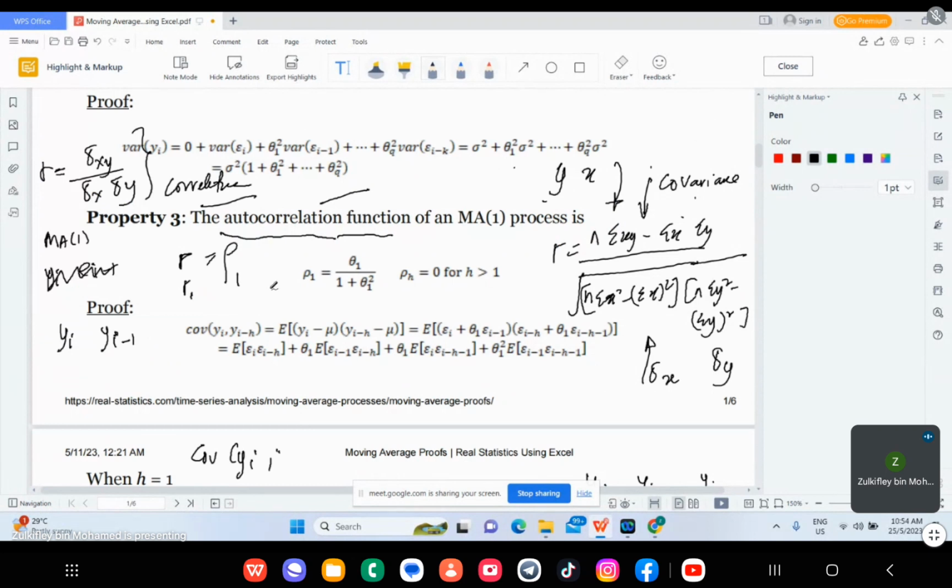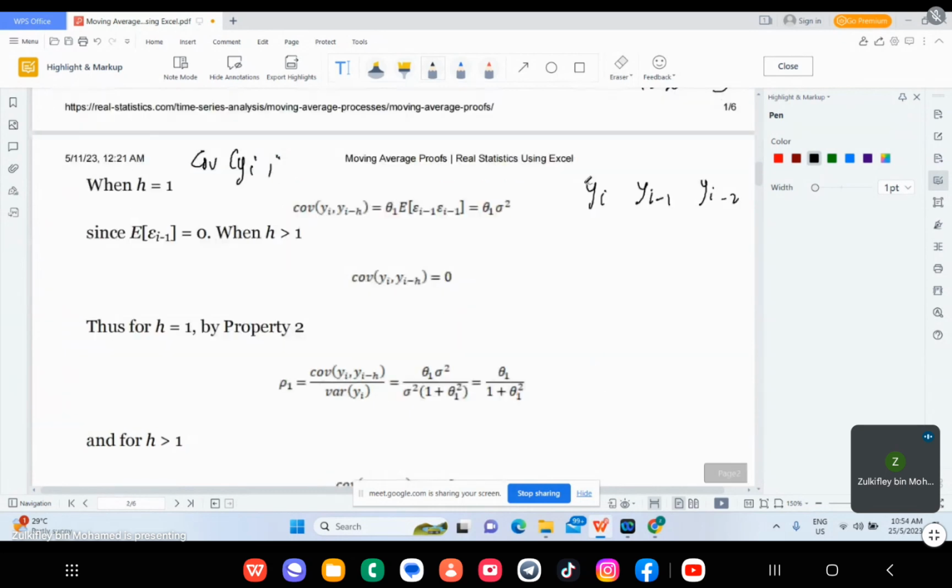The correlation, or autocorrelation, is the covariance sigma xy. Meaning we will find sigma of Yi and Yi minus 1 over the standard deviation of Yi and the standard deviation of Yi minus 1.